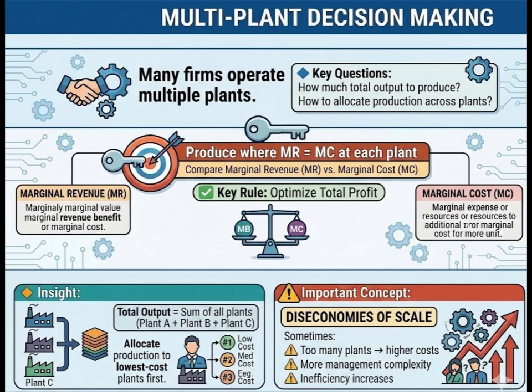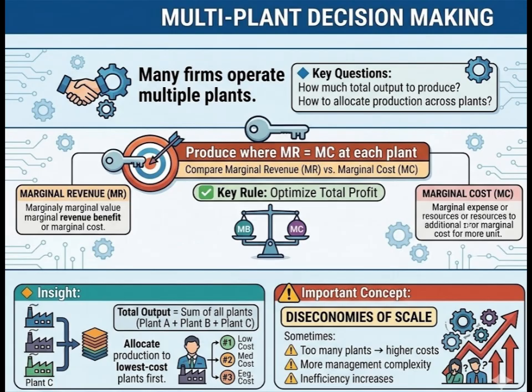Let's talk about multi-plant decision making. Many firms operate multiple plants. Here are a couple of questions. First, how much total output to produce? Second, how to allocate production across plants?